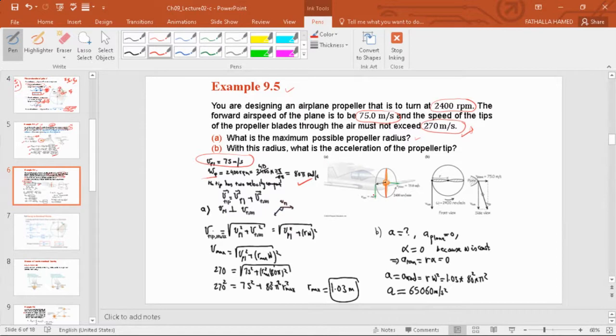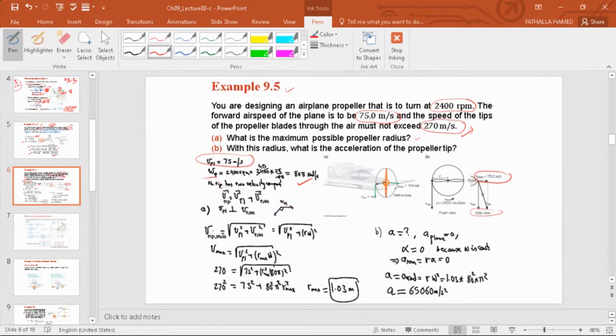Now, you want to look at the tip of the propeller. The tip now has a forward velocity which goes this way at 75 meters per second, and it is rotating, so the tip is revolving around the axis here, and it will be rotating with the V tangential, and we said that this is equal to r omega, so you have to keep that in mind.